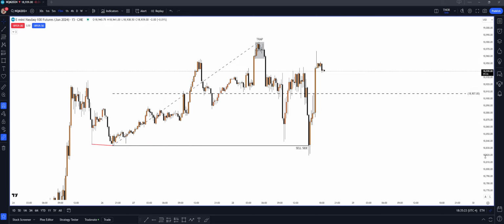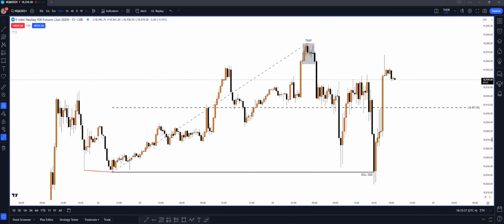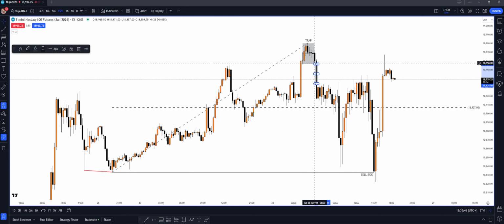Now here, if I zoom in a little bit, the sell model on the 15-minute was completed before market close today, but I'm going to dive into lower time frames to see what happened intraday. So here, before New York opened, it was trading below a BISI, and there's overlapping SIBI, and there's overlapping BISI.